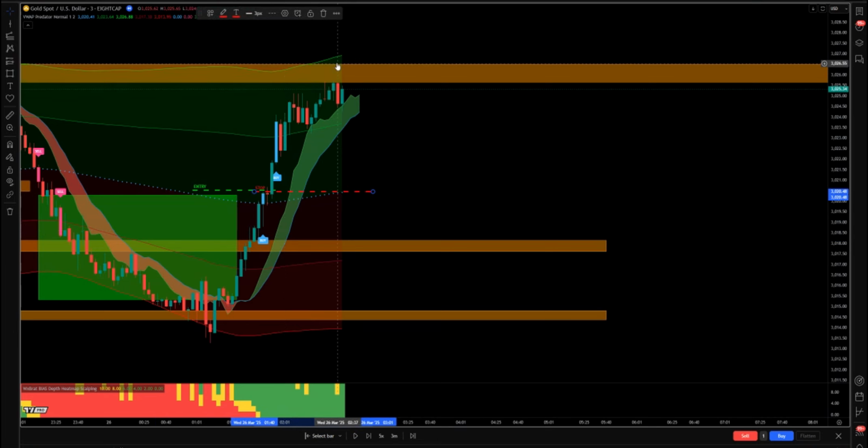Remember, we're testing this resistance that we've had before as well. If this continues to test here, you can be more aggressive by putting the trailing stop at this point here. That is an alternative solution for you to lock in more profit at that point. Be more aggressive.